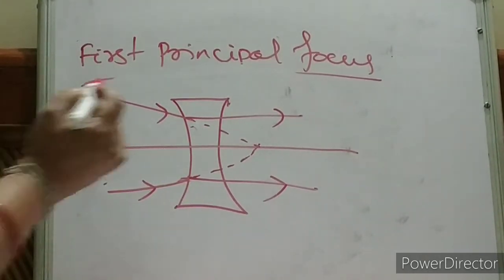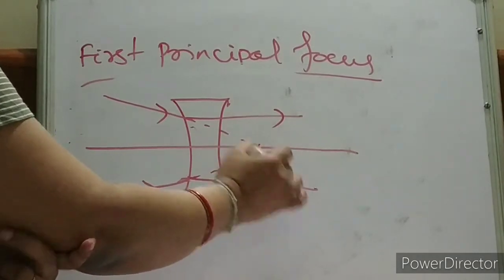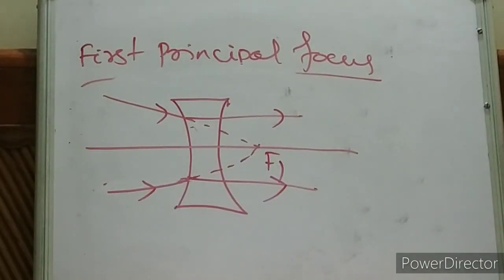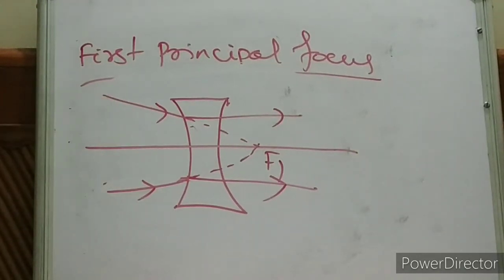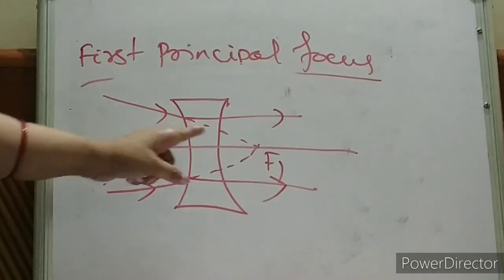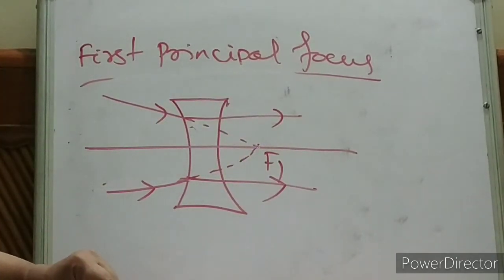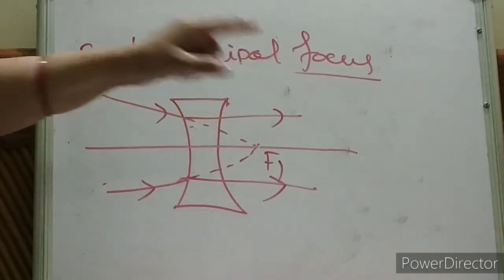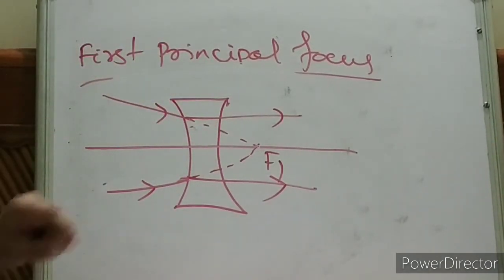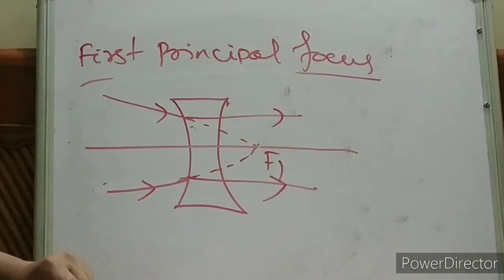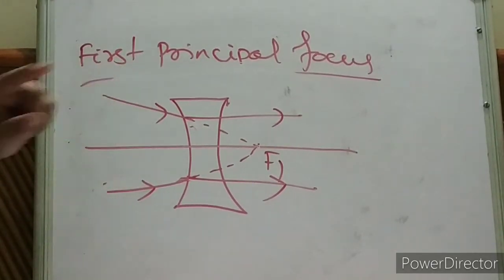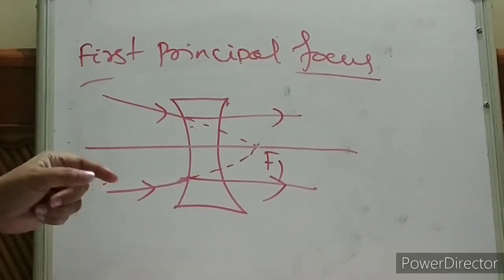So this is your first principal focus. What does it mean? In this case, this is the virtual position of the point object on the principal axis, and the image is formed at infinity. Is it clear? This is the first principal focus.